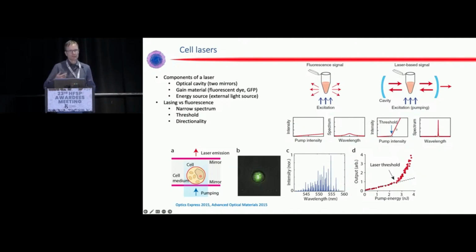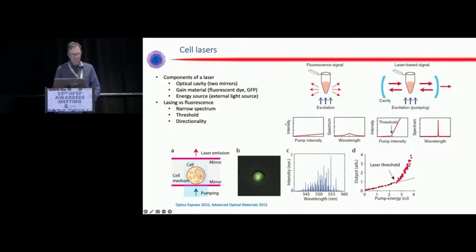This is kind of a similar effect as threshold behavior in a neuron, right? Also the emission spectrum is very narrow, and we have directionality, so we can direct this light from the cells to other cells.